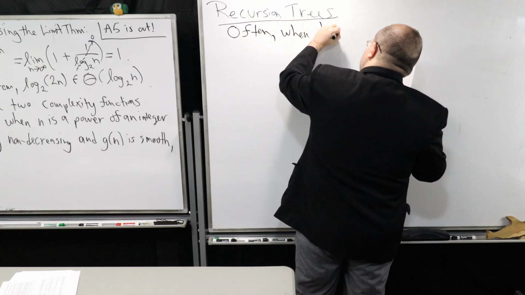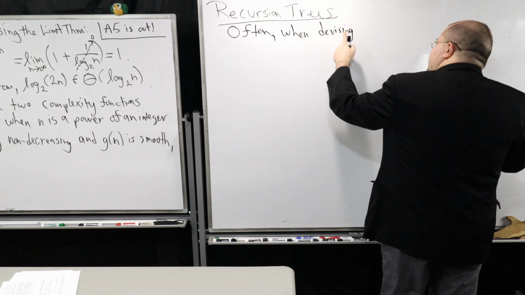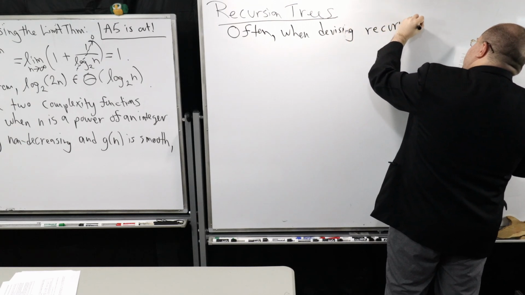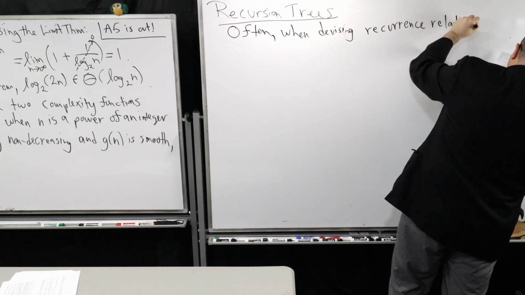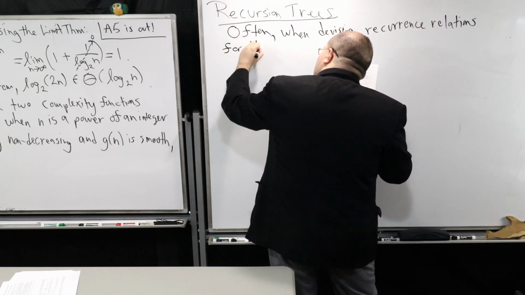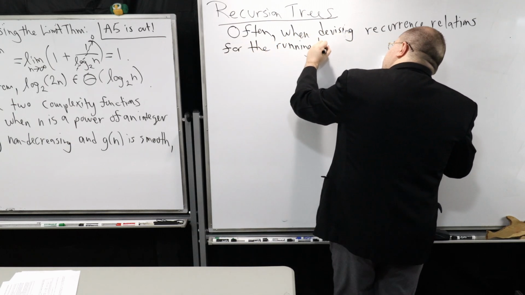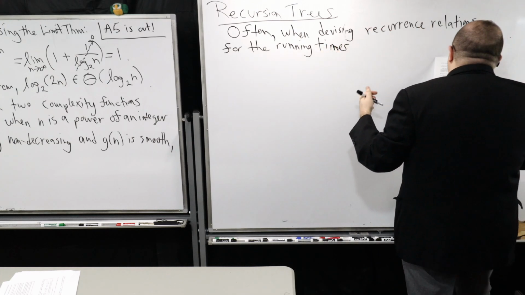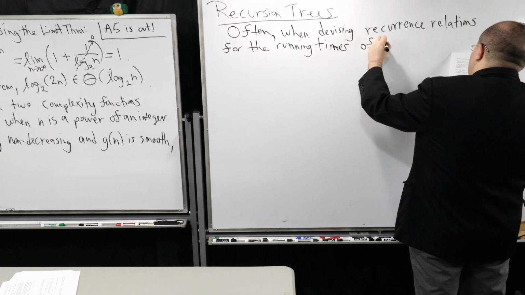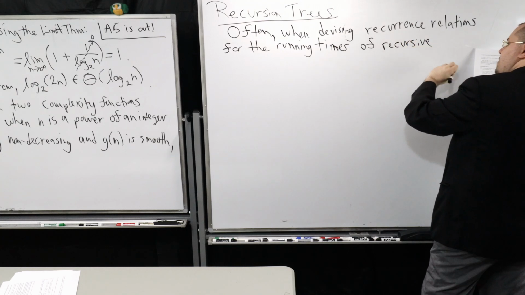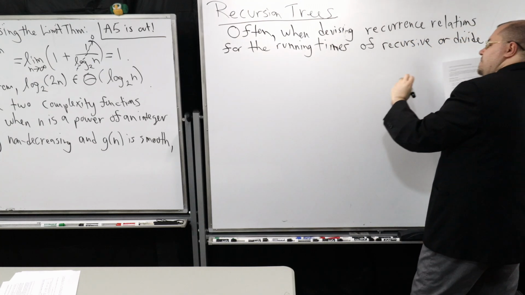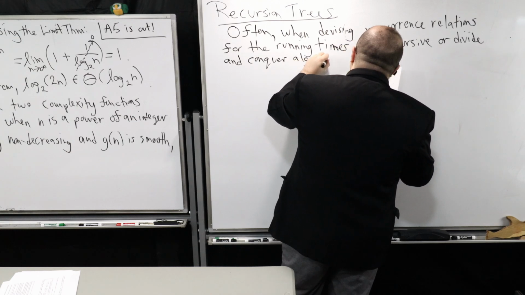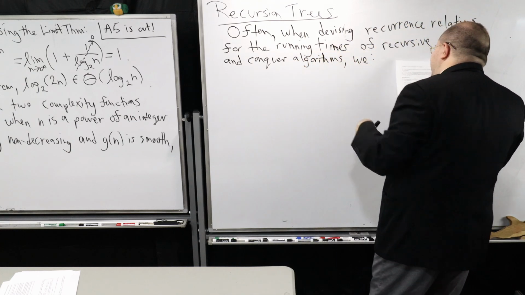Often, when devising recurrence relations for the running times of recursive or divide and conquer algorithms, we usually do the following, right?